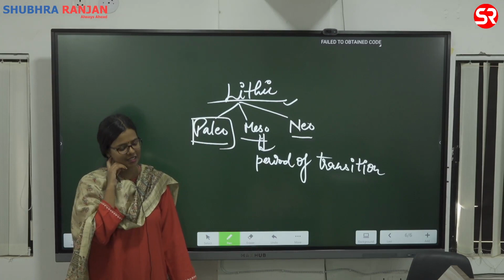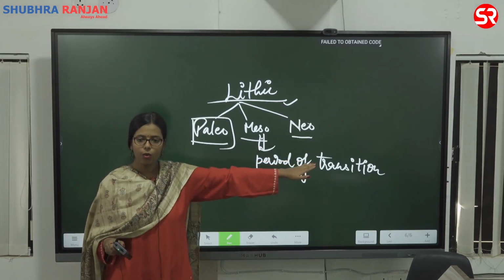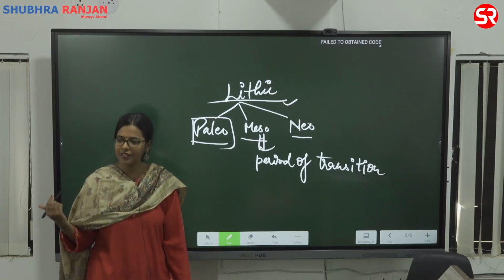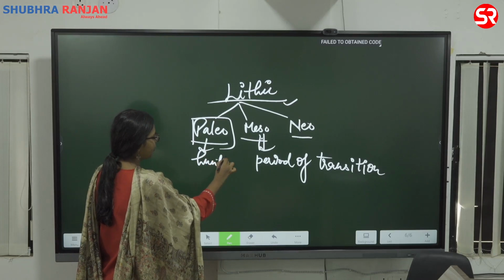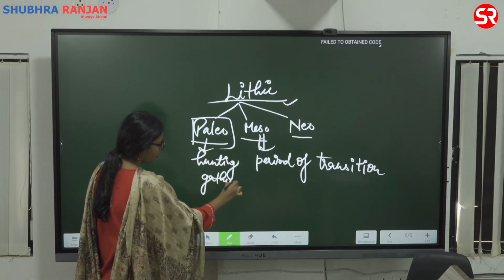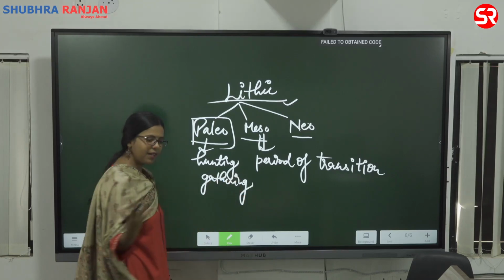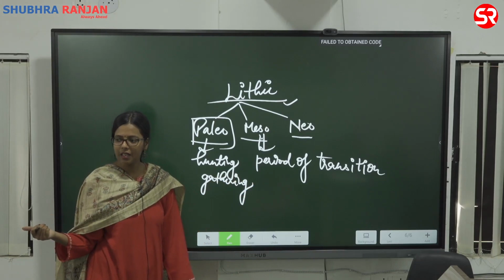So what kind of transition? When we are in a transitionary phase, we are neither here nor there. So what are the changes that have taken place? Here humans were hunting and gathering. They will be hunting animals, they will be gathering fruits which are naturally available.